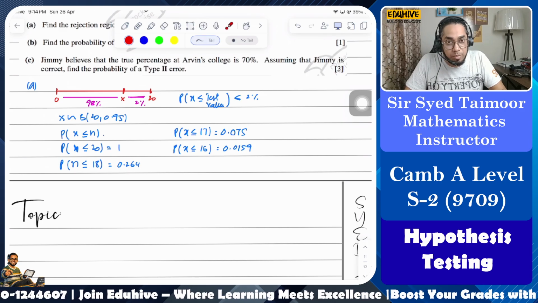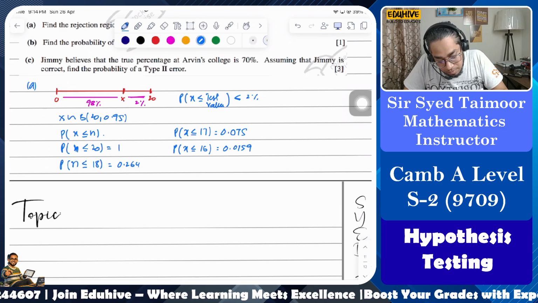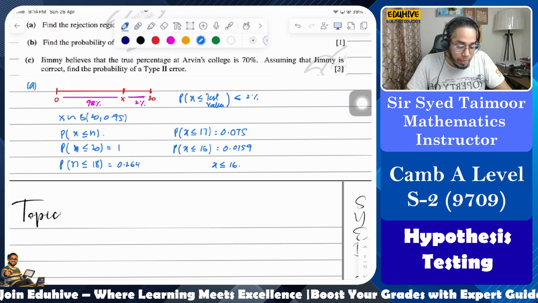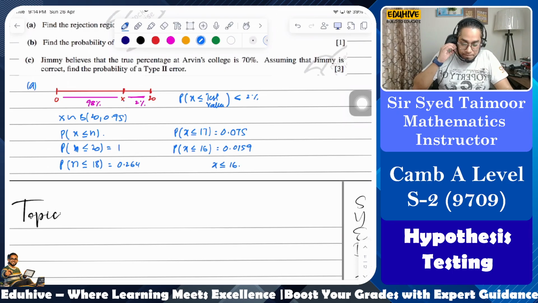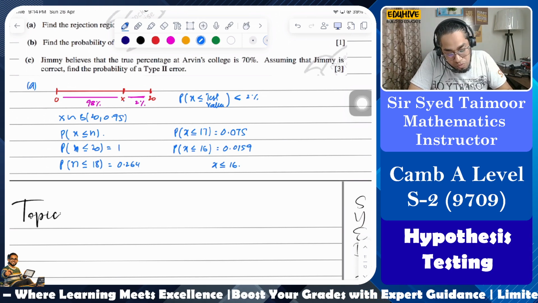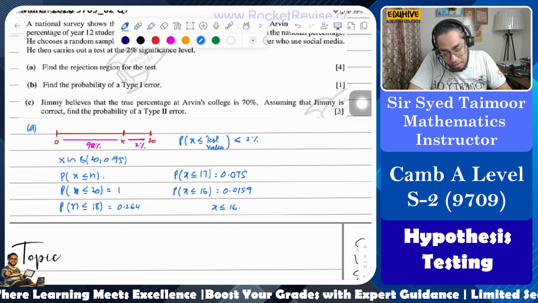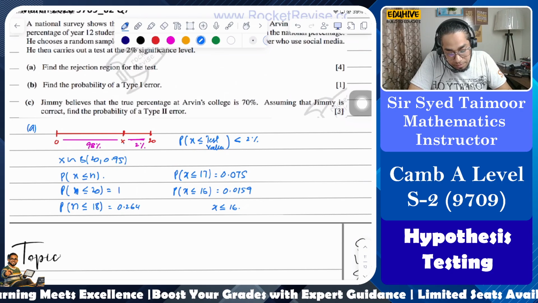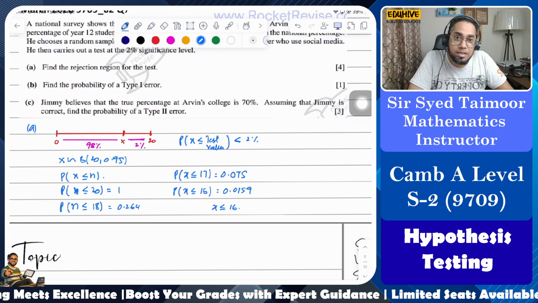So 16 will be in the critical region. So x must be less than or equal to 16. Find the rejection region for the test. So x less than or equal to 16 is the rejection region.